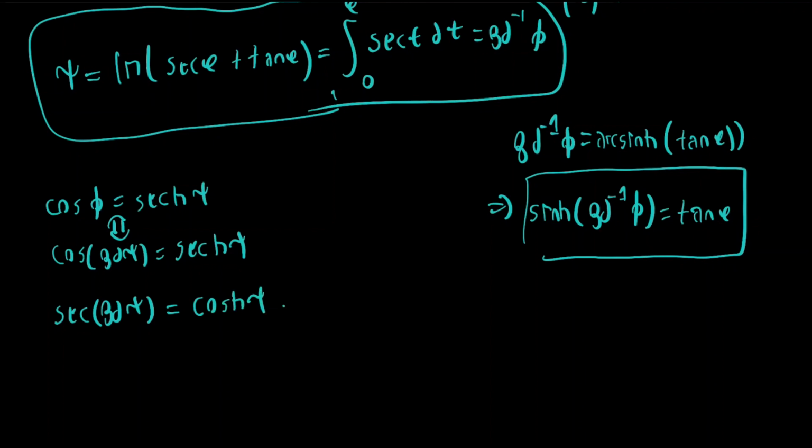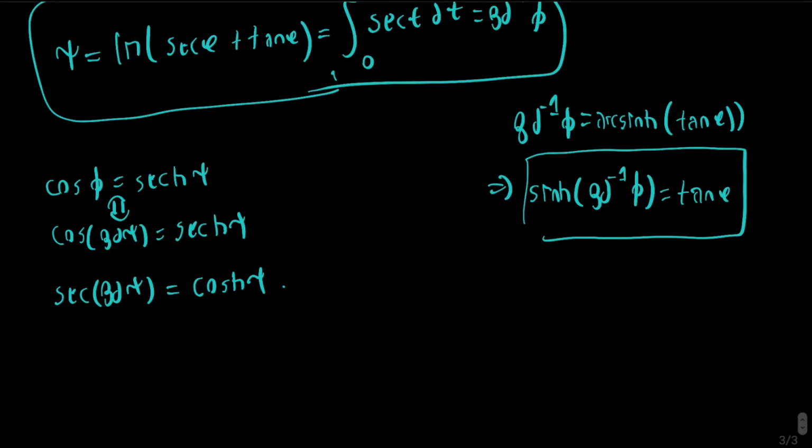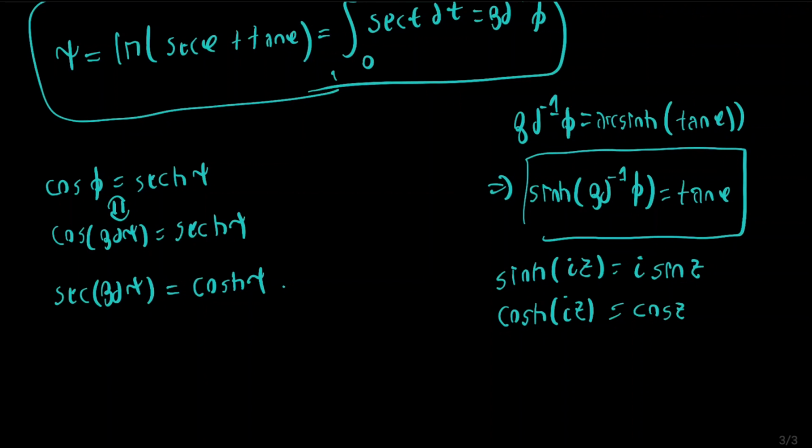And so all of these identities relate hyperbolic angles and trigonometric angles without the aid of complex numbers. In an alternative way, as the classical complex identities, hyperbolic sine of iz is equal to i times sine z, and cosh of iz is equal to cosine of z. So an alternative way to relate hyperbolic angles and circular angles.